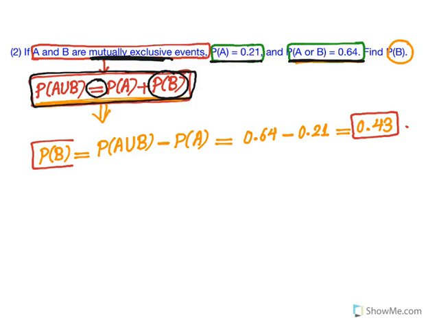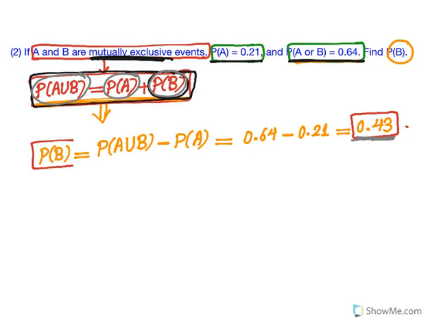The equation here has three components: the probability of A or B, the probability of A, and the probability of B. So if you know two of them, then you can find the third one. That's very simple. And so we get that the probability of B is 0.43 using the probability of A or B and the probability of A, and the fact that they are mutually exclusive.